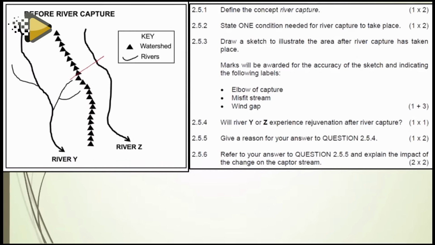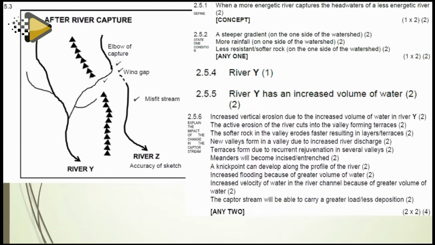We call that process river rejuvenation. Now, the same question 2.4, 2.5: will river Y or river Z experience rejuvenation? So this is river Y. It is going to experience rejuvenation because it is going to gain more water. But river Z cannot rejuvenate because it has lost water, so it has lost energy.